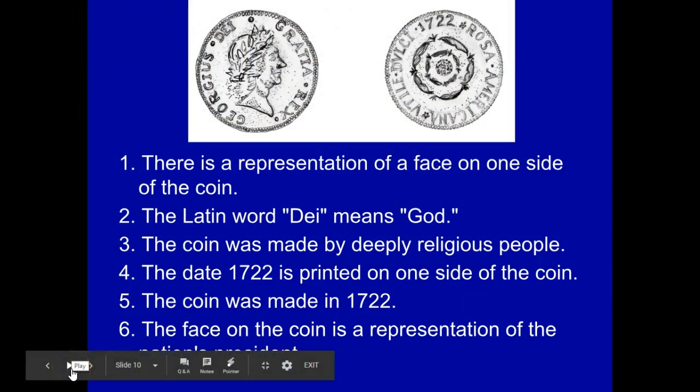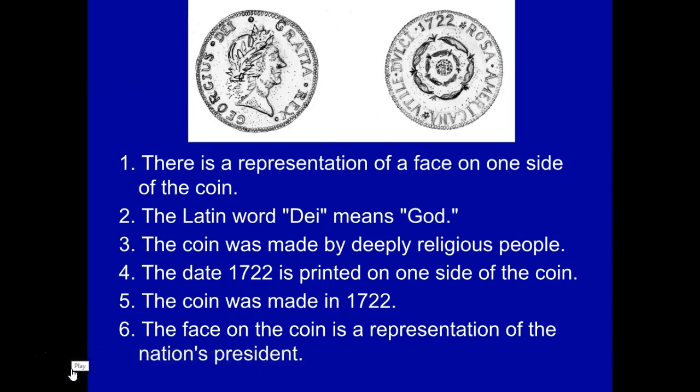When we look back at those observations, there is a representation of a face on one side of the coin. I might ask myself, is that true or false? Yes, it is true. So that means it is an observation. Now, I'm not trying to guess why there's a face on the coin, but indeed there is. So it's an observation, not an inference.